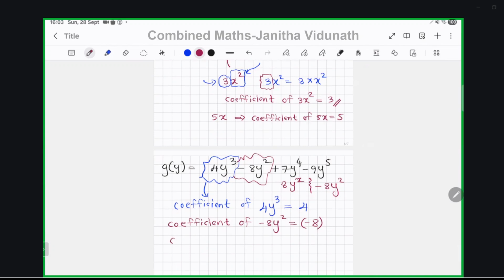Then the coefficient of 7 times y to the power 4 is equal to 7. Then the last one, the coefficient of minus 9 times y to the power 5 is equal to minus 9, the numerical part of the term.